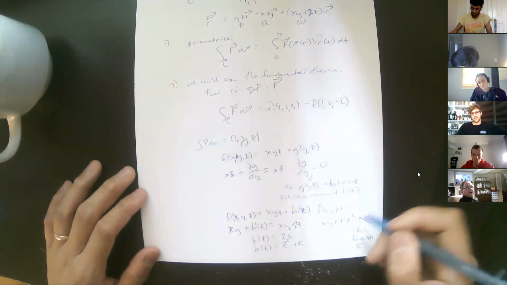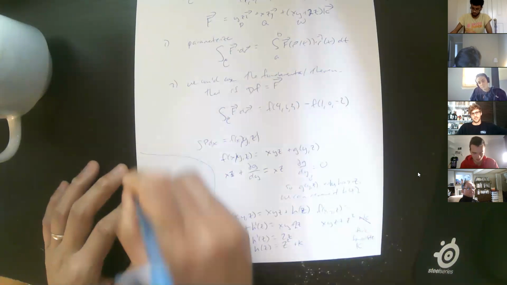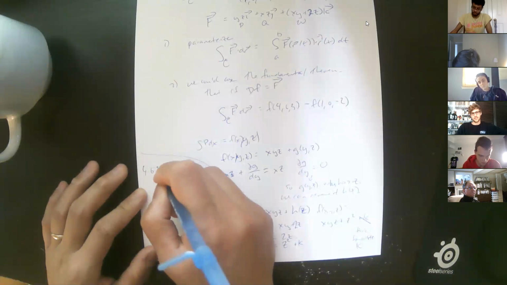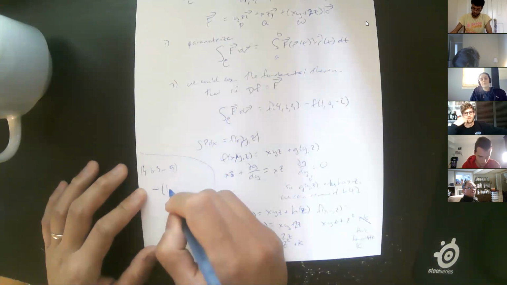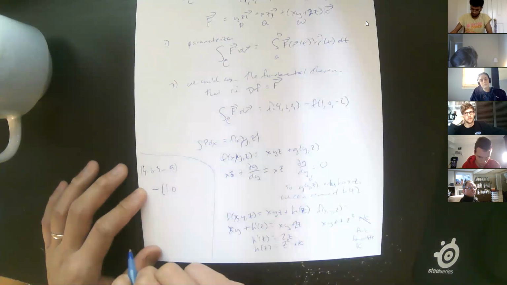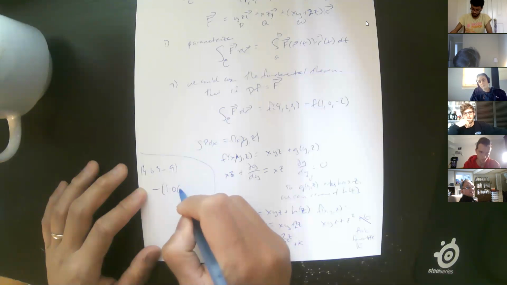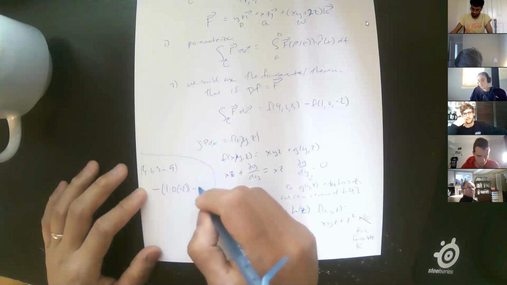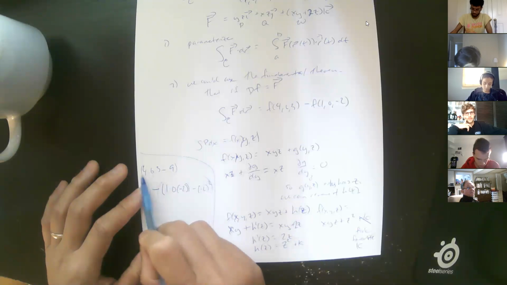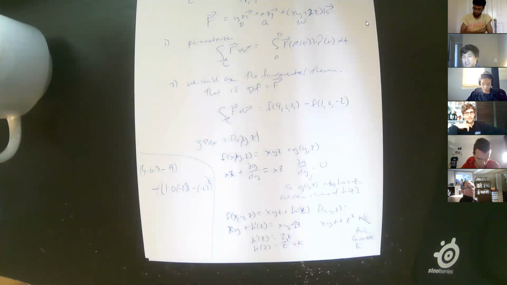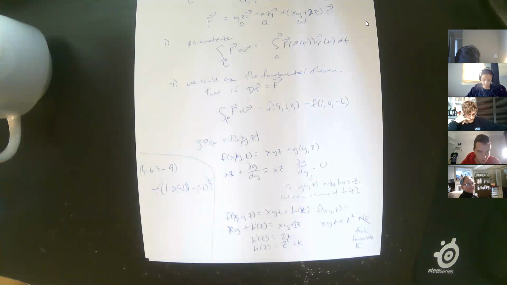I mean, we could just put it in right now. 4 times 6 times 3 minus 9, minus 2 minus 2 squared. 6 times 3 is 18 times 4 is 72.